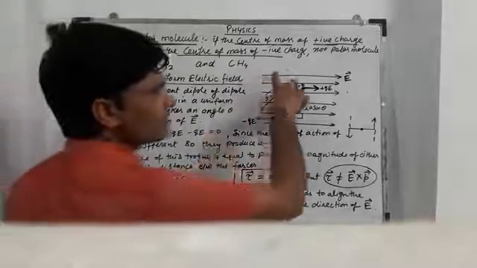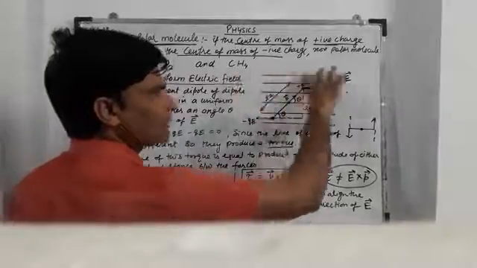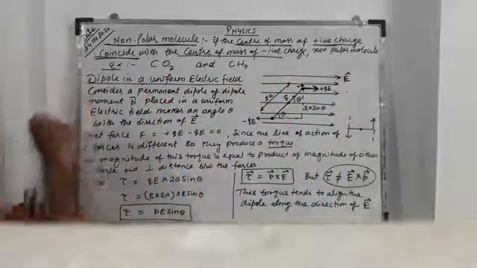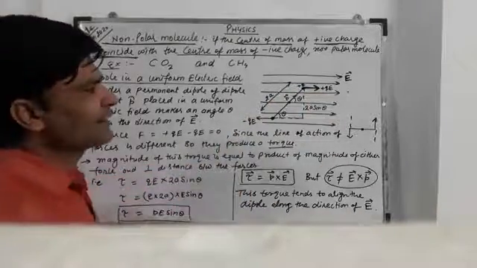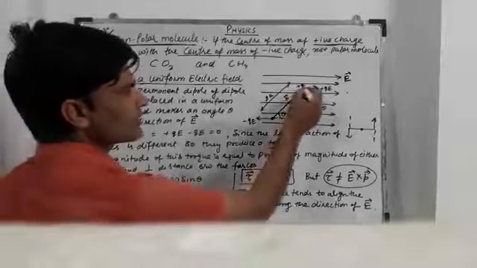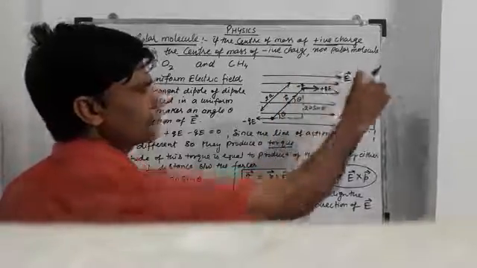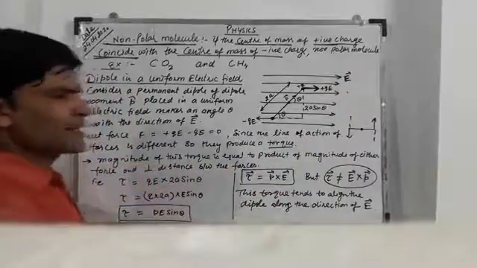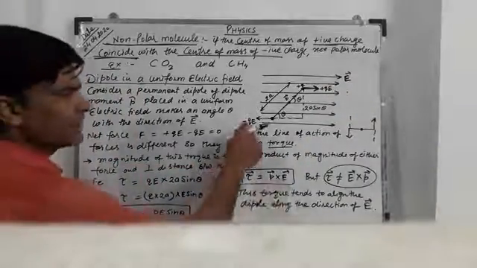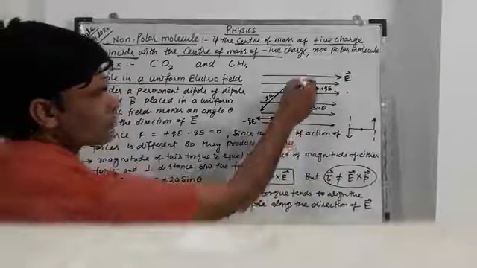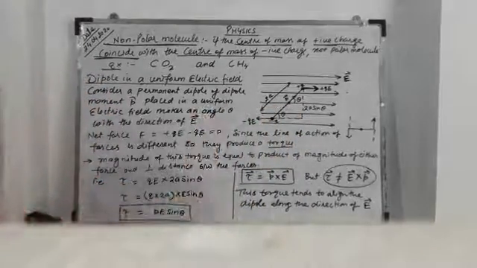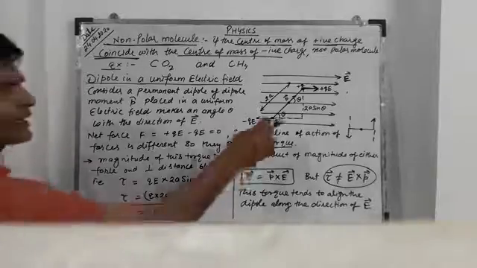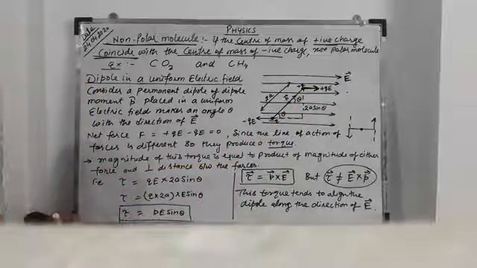Okay, it is represented by a set of parallel lines. When a dipole is placed in a uniform electric field, then the positive charge experiences a force in the direction of the electric field, and the negative charge minus Q experiences a force in the direction opposite to the direction of the electric field.